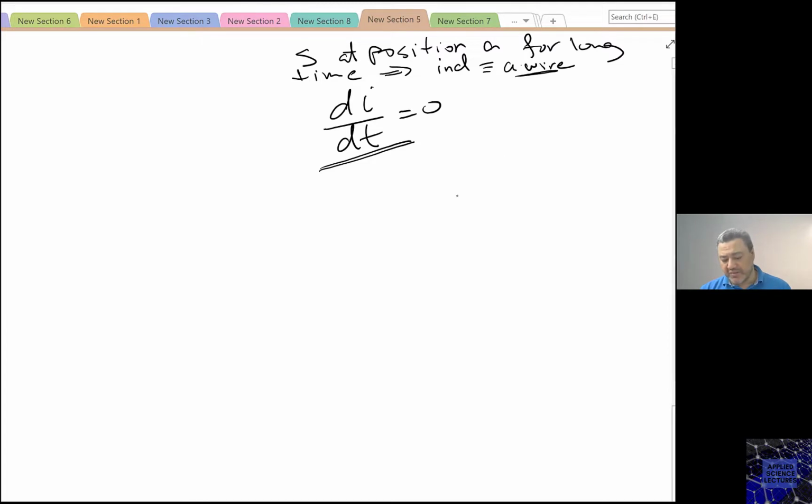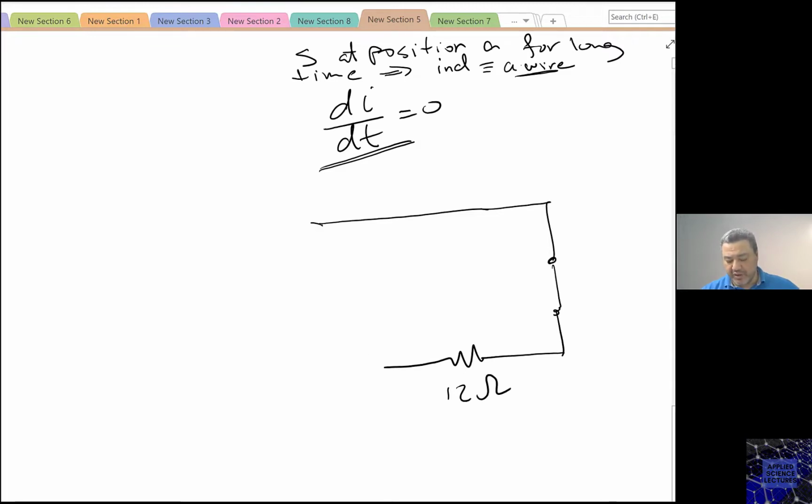So in this case, I will draw the circuit when it was at position A, and in this case the inductor will be replaced by a piece of wire. So I have here a 12 ohm resistor.